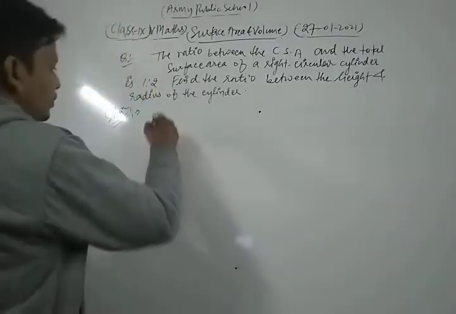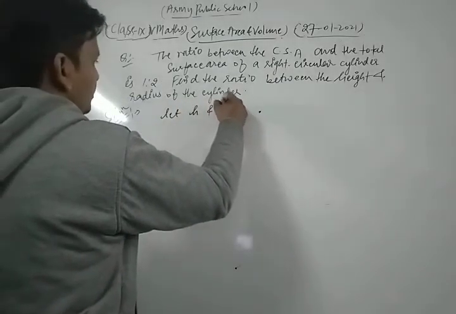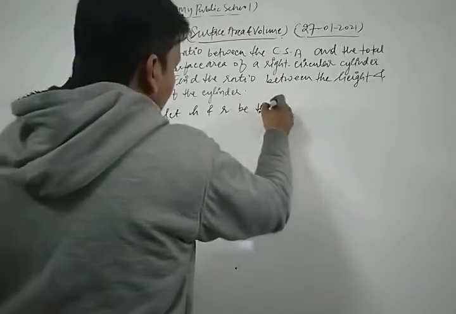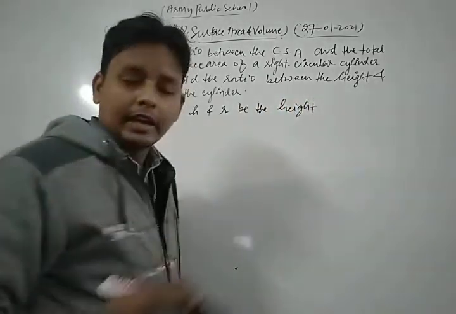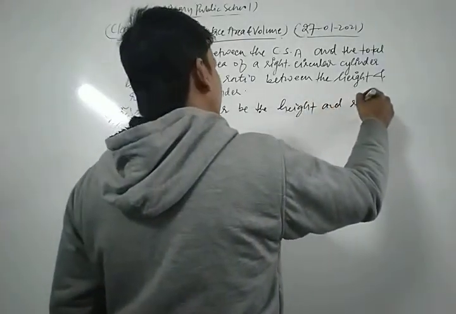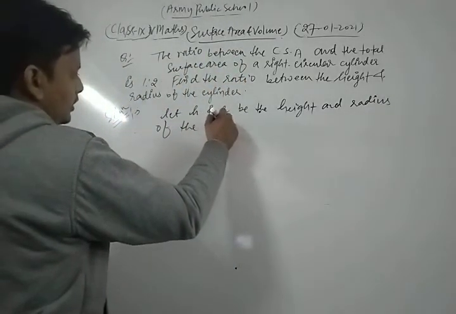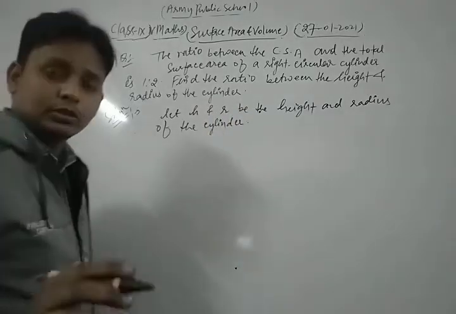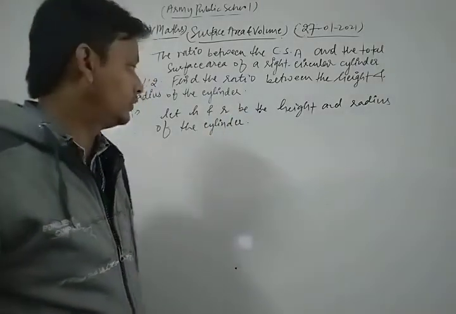First of all, let H and R be the height and the radius of the cylinder.